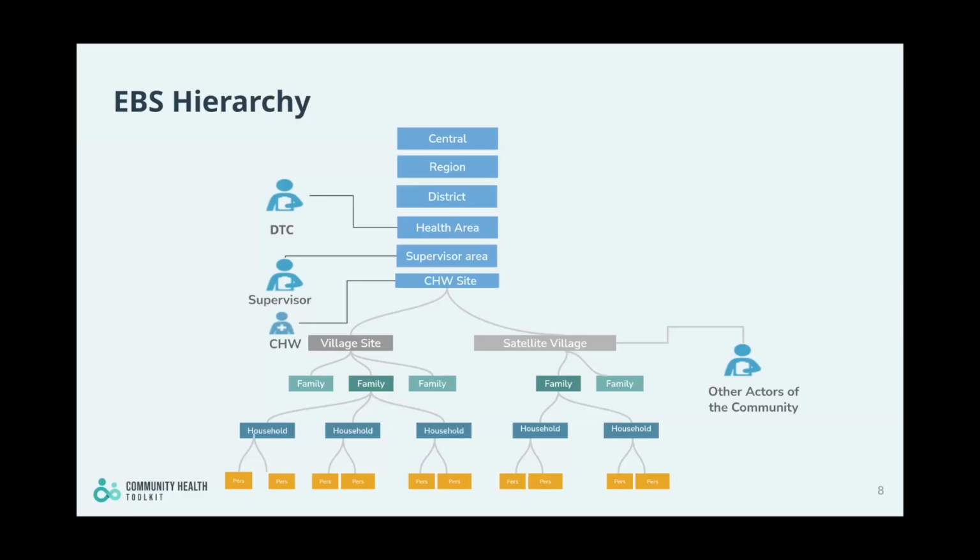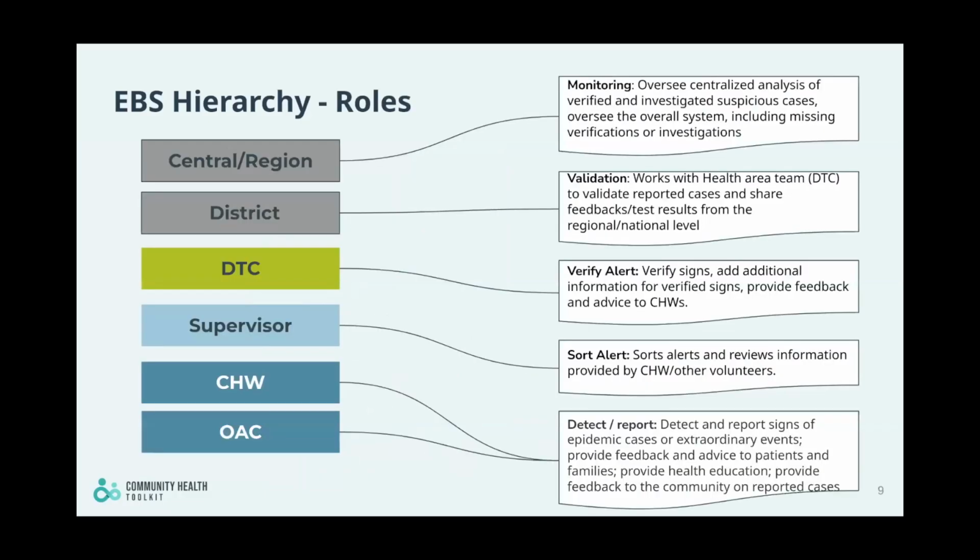He can have one or two villages depending on where he is. This is something that is handled by the national level. In that village, we can have many families and many households. We're gonna see on the next slide how they can intervene.